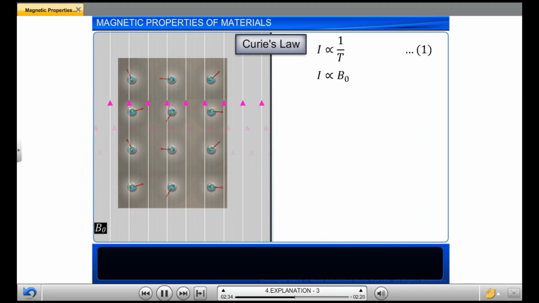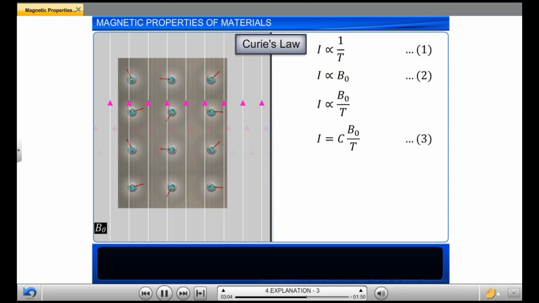Let this be equation 2. By combining equations 1 and 2, we get I is proportional to B0 by T. This equation can be written as I = C B0/T, where C is the proportionality constant. Let this be equation 3.